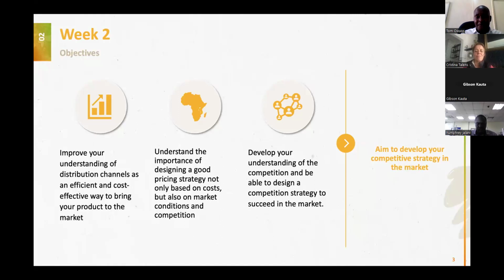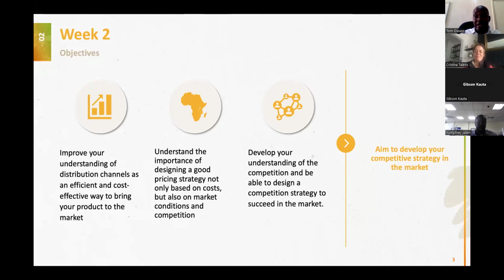And finally, how about the competition? Remember, you are not operating in isolation. You need to map out all the competitors, whether at the domestic, regional, or international market, and get to appreciate the strategies that these competitors are using. It is only after you have understood the environment under which these competitors operate that you will be in a position to craft your marketing strategy and penetrate the market.